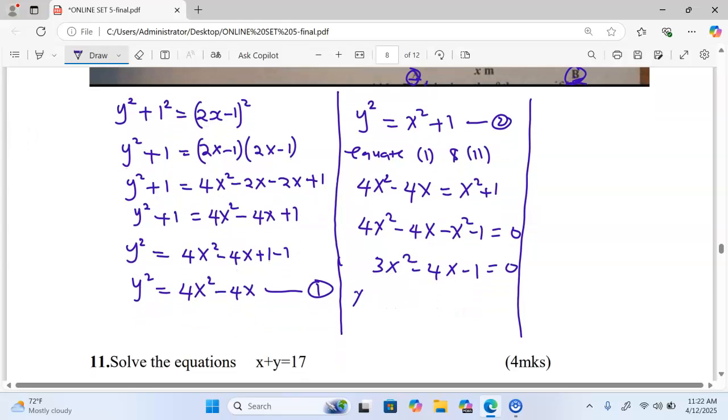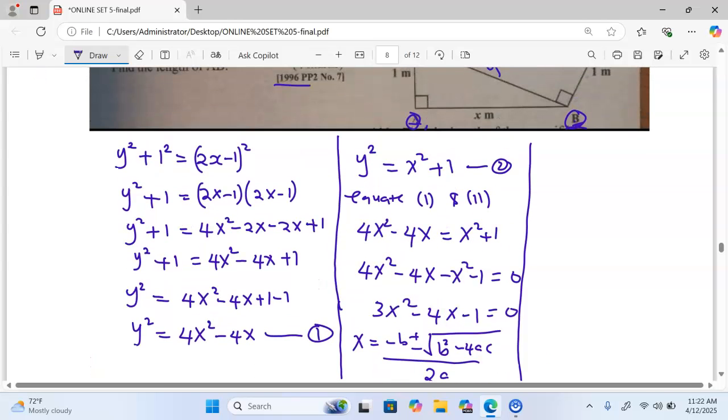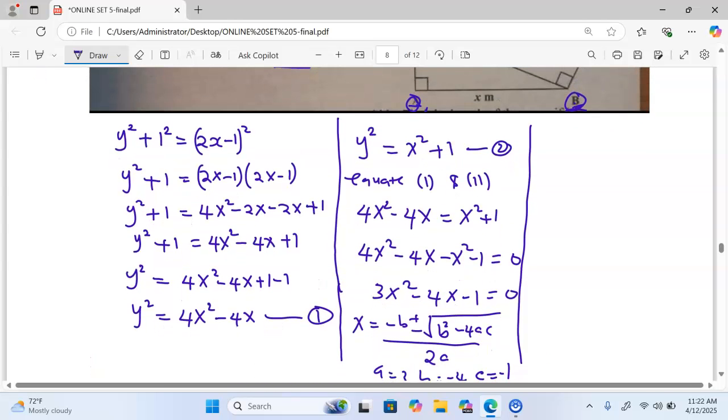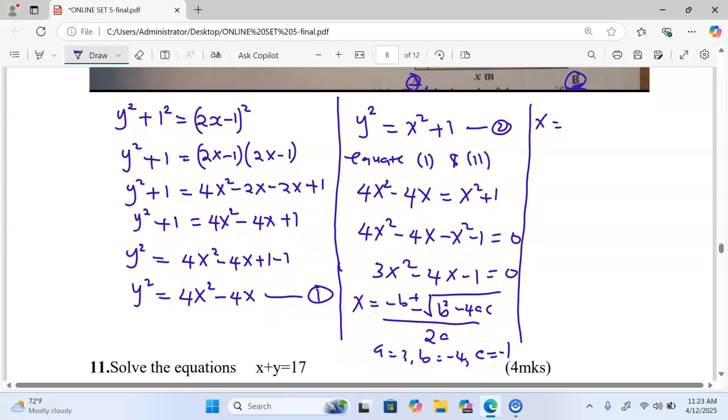We know x is going to be equal to minus b plus or minus the square root of b squared minus 4ac, divided by 2a. The value of a is 3, b is negative 4, and c is negative 1. We can now substitute. X is going to be equal to minus b. B is minus 4, minus minus is positive, so it is going to be 4 plus or minus the square root of b squared.